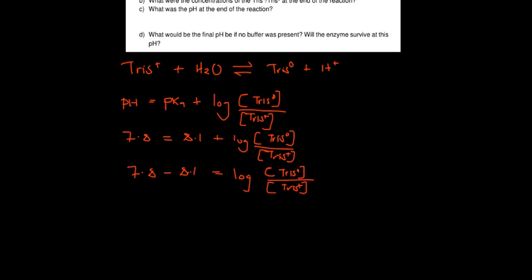So 7.8 minus 8.1 gives us a negative 0.3, which will be equal to the log of the Tris base over the Tris acid.